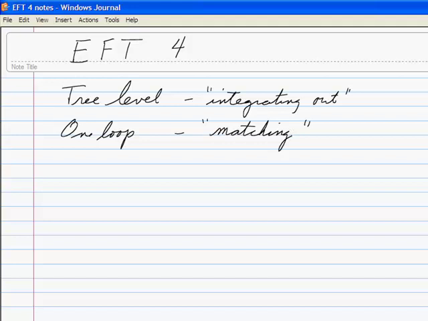The first thing I want to do today is another thing that goes into quotes, power counting. So these are big buzzwords for effective field theory. So what's power counting? At some level, it's the fact that we organize in the energy expansion.